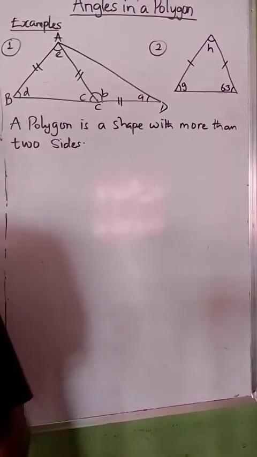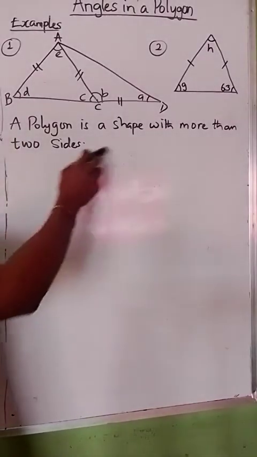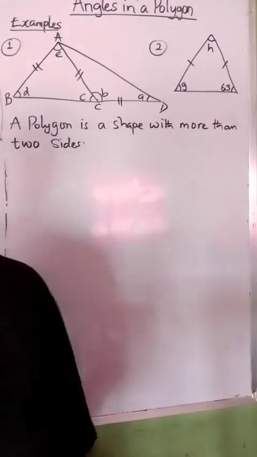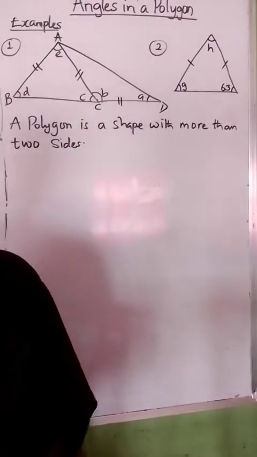So that is what a polygon is. A polygon is a shape with more than two sides. That means a more than two-sided shape is a polygon.